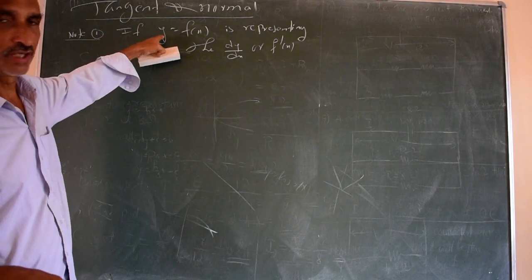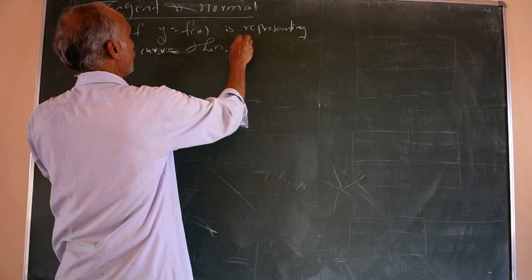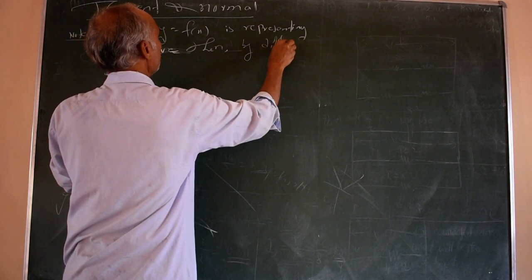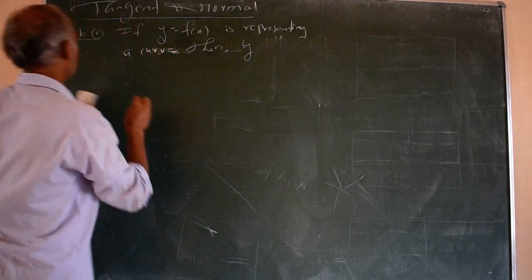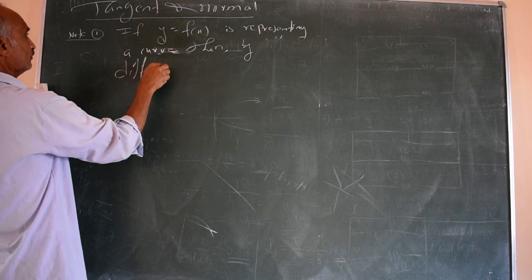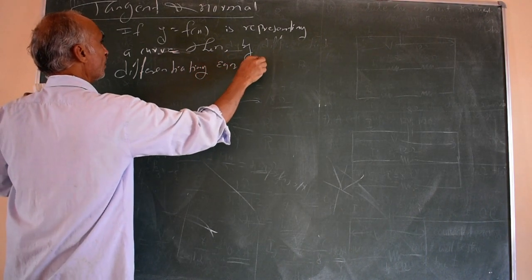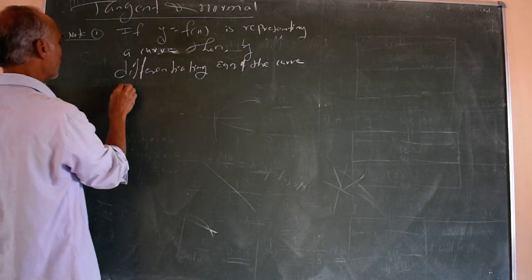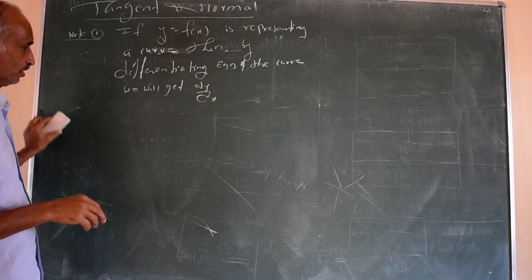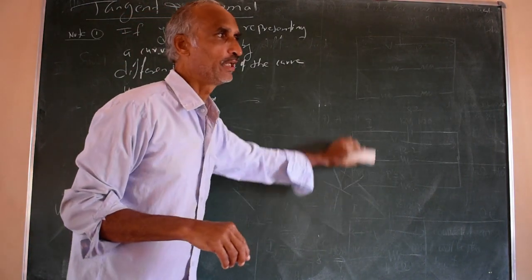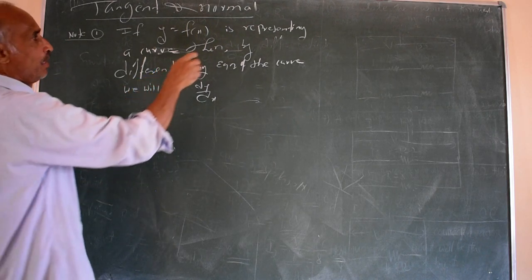By differentiating the equation of the curve, we will get dy by dx or f dash of x.